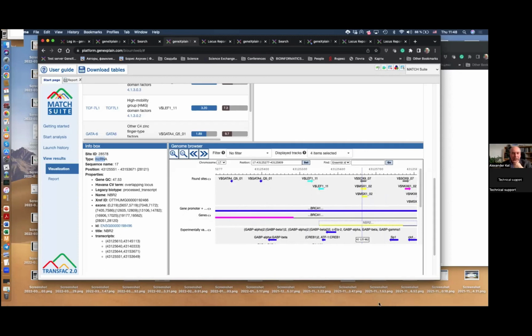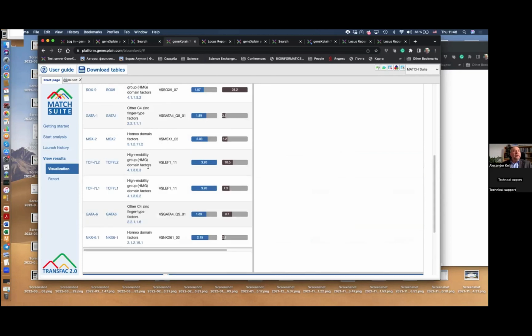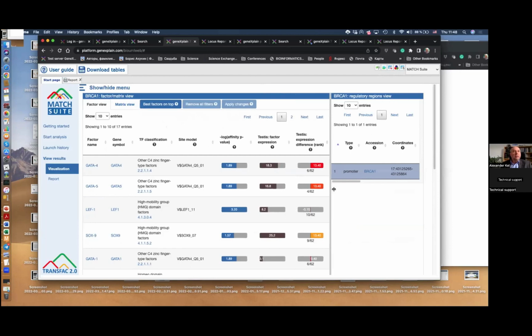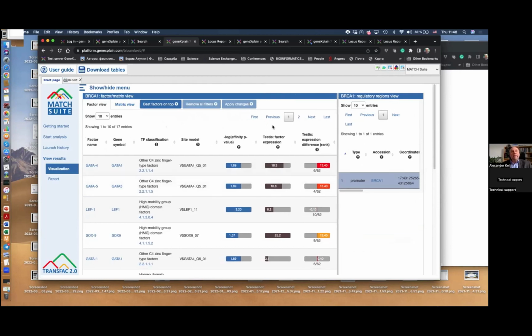Another question: why does it show the heart tissue as well? Where do you see the heart tissue? No, in that output, we have selected testis as a focus tissue, and we have two columns here.